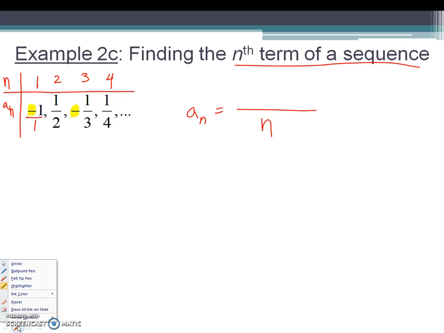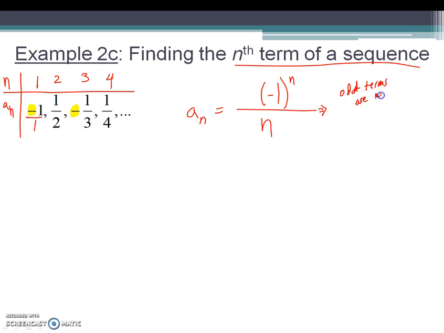So what you're seeing is that the odd term numbers are the negative values. So we are seeing negative 1 to the n power to make the term either positive or negative. So that way our odd terms are negative, and our even are positive.